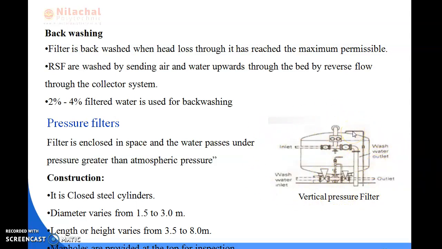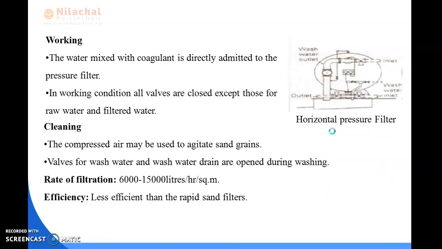The diameter varies from 1.5 to 3.0 meters, and the length or height varies from 3.5 to 8 meters. Manholes are provided at the top for inspection.